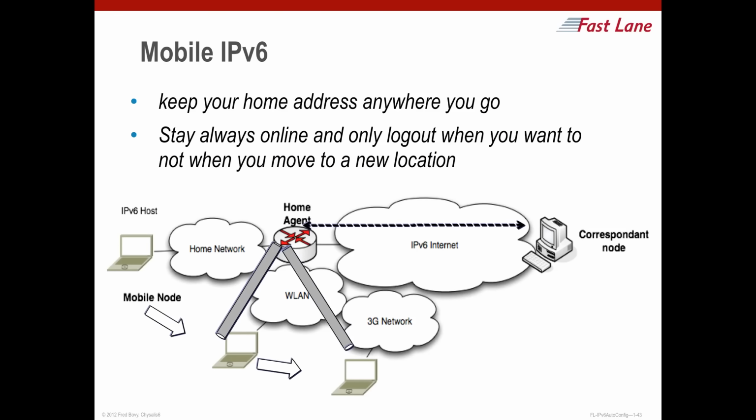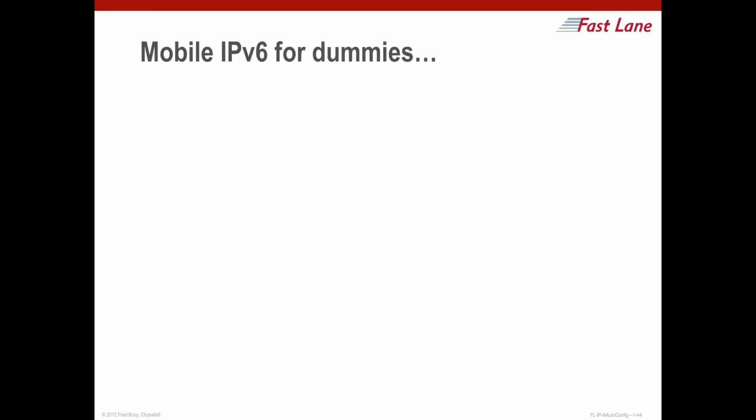Another way to automatically configure and make your life easier is to use mobile IPv6. Because with mobile IPv6, you can move all day long, but for the application, you always use the address that you were using at home.